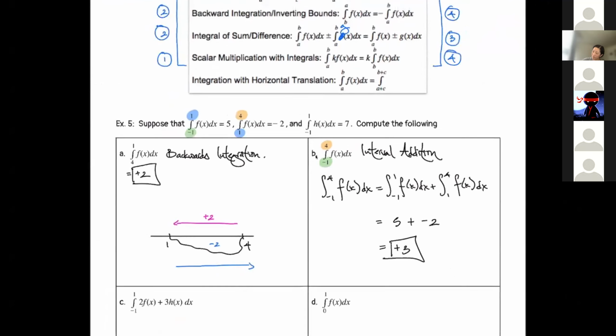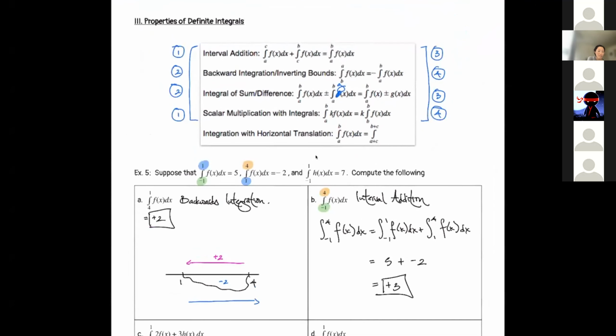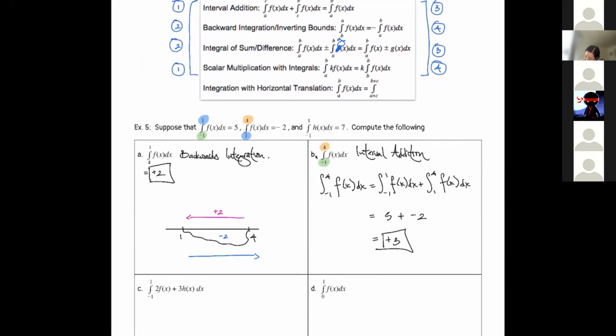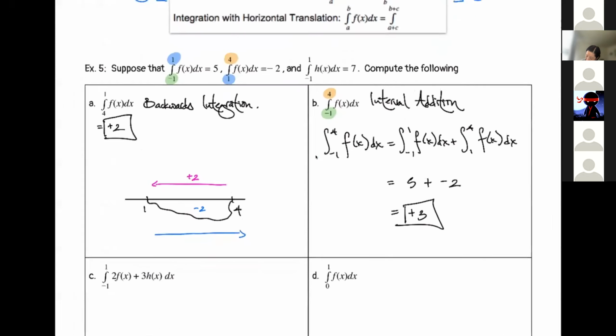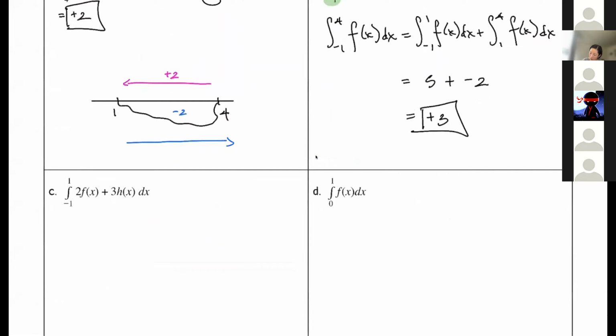Okay. Does that help clarify things a little bit in terms of how we use these properties? Okay. So let's take a look at C. All right, we're going to set up C and D, I hope, in the time that we have left.